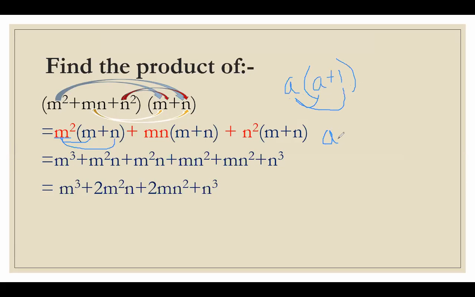When bases are same, power will be added, we get a square, and a into 1 is, what will be the answer? a square plus a, not a square plus 1. We have to multiply this a with this 1 also. Got my point?